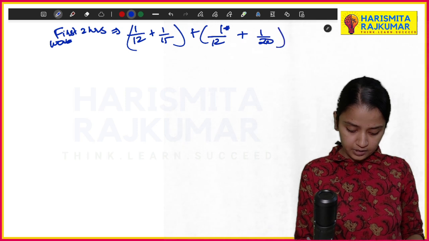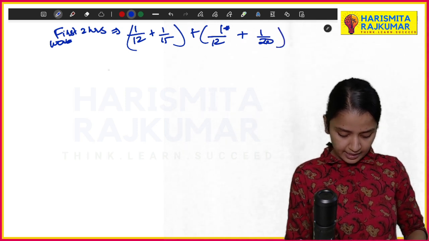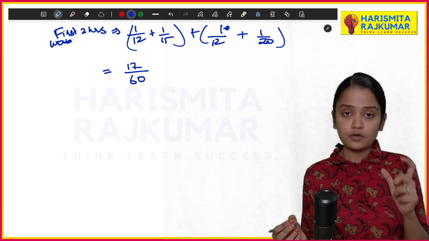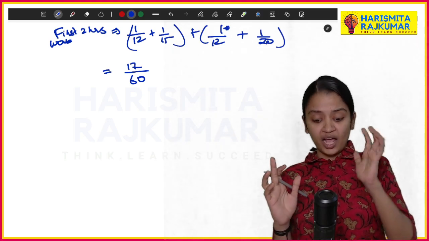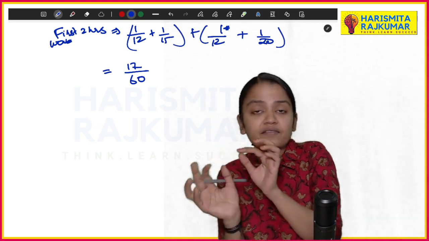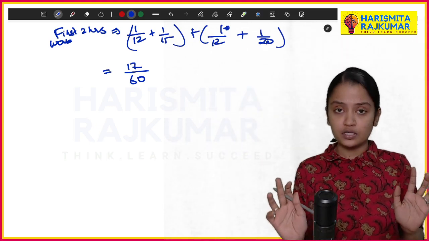If I further do it, I take the LCM and get 17 by 60 as the work done. Only 17 out of 60 parts have been filled in the first 2 hours.